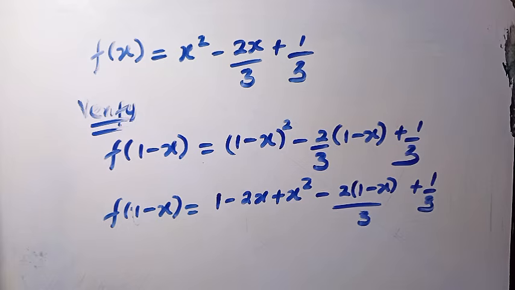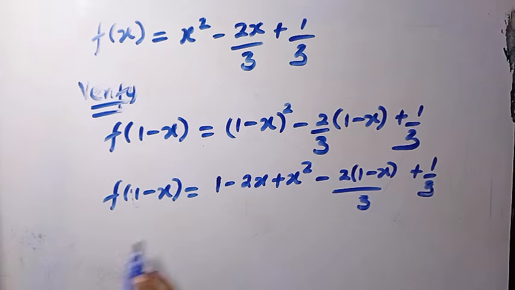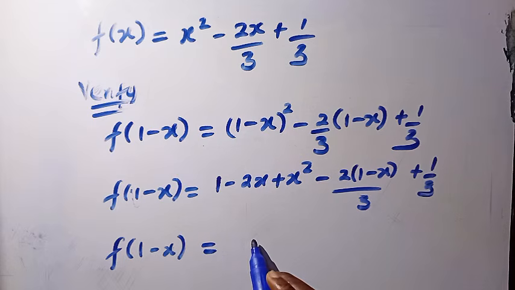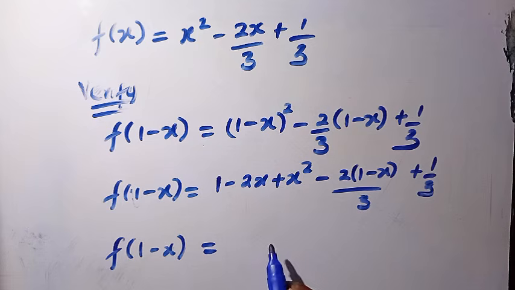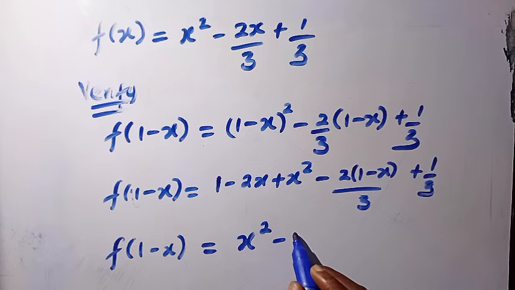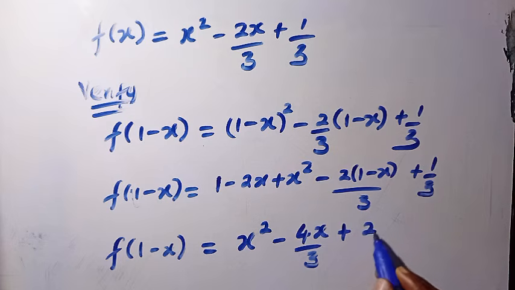So the whole of this right hand side for f of 1 minus x is given as, after we find the LCM and collect some like terms and evaluate, what we get is x squared minus 4x over 3, then plus 2 over 3.